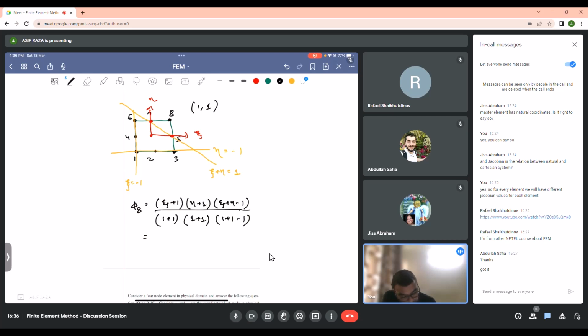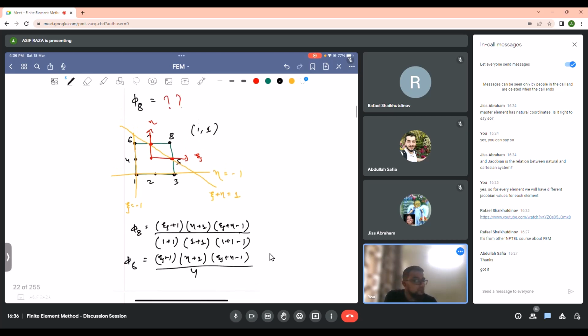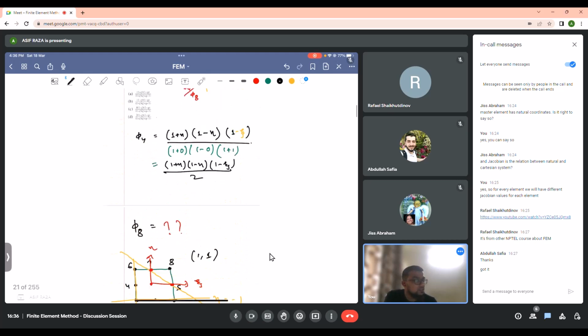So this will give me xi plus 1, eta plus 1, and xi plus eta minus 1. This will be 2 to the 4, and so this will be this way. Okay, I hope till here it's clear.